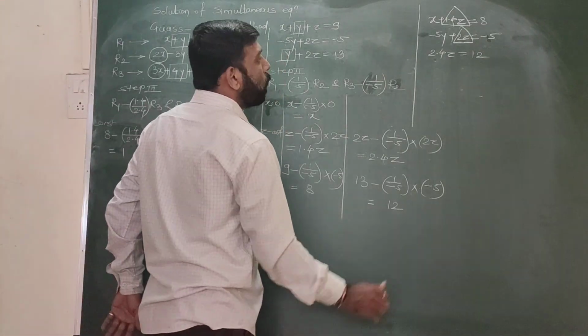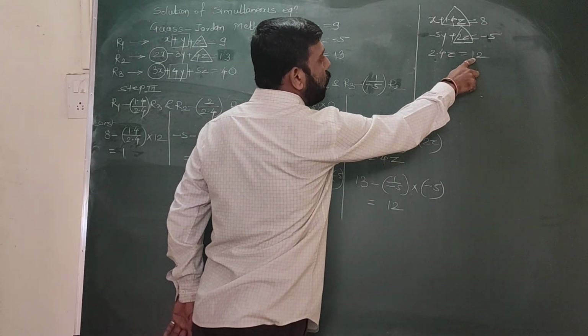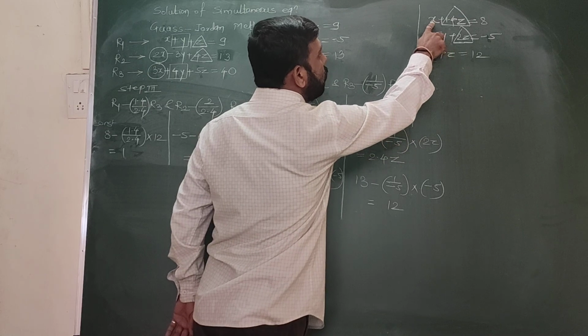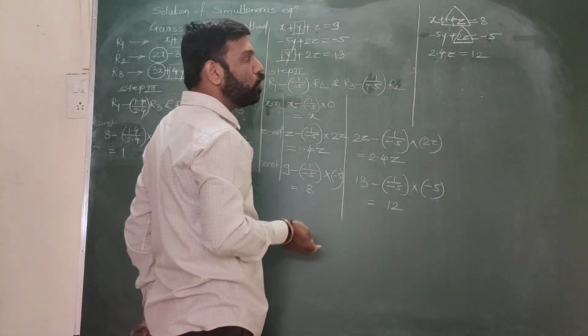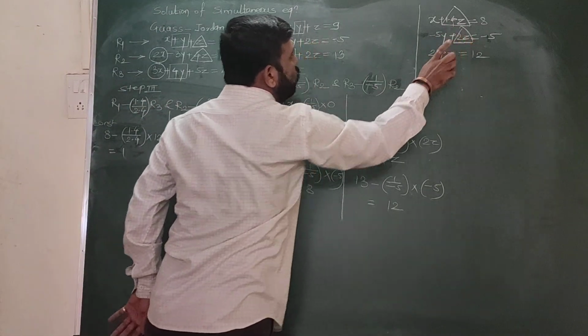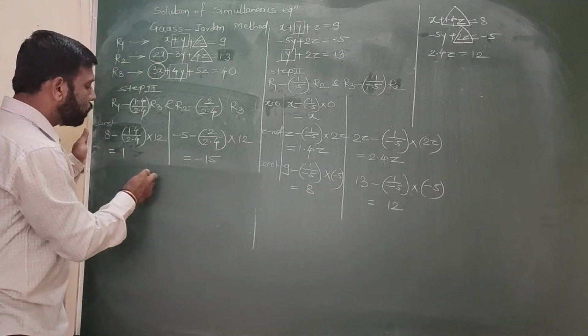Now see here, after the second step, z is directly found, and then by substituting we get the value of y and then the value of x. But the Gauss-Jordan procedure is not complete until we make these two elements 0. So for that we performed step 3.